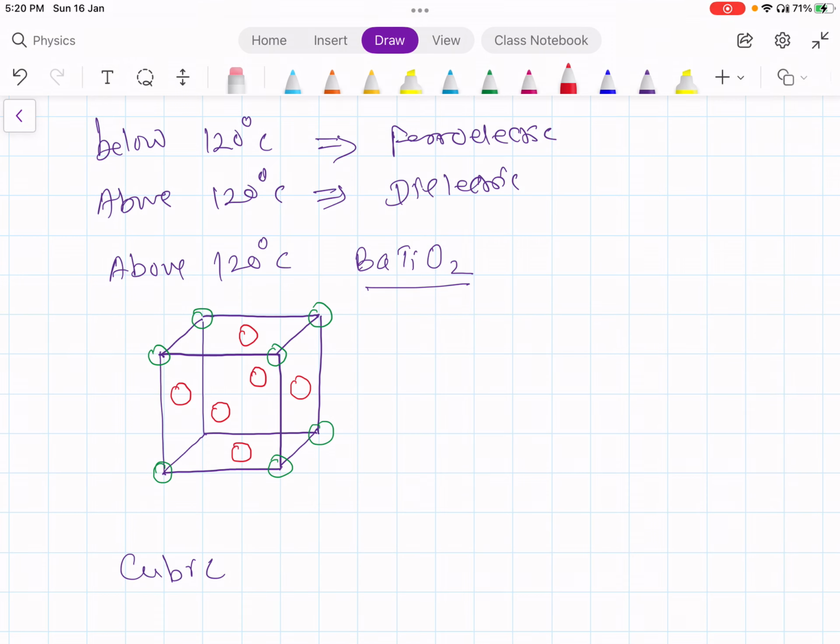And titanium ion is at the center. Titanium is at center. So you can see symmetry in this case.